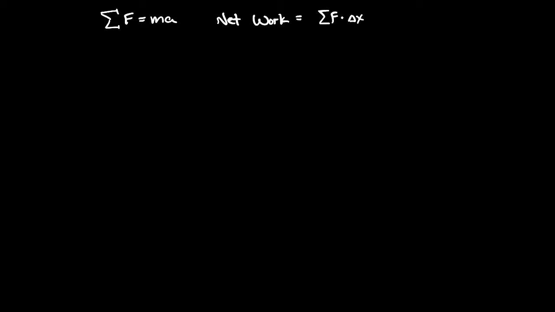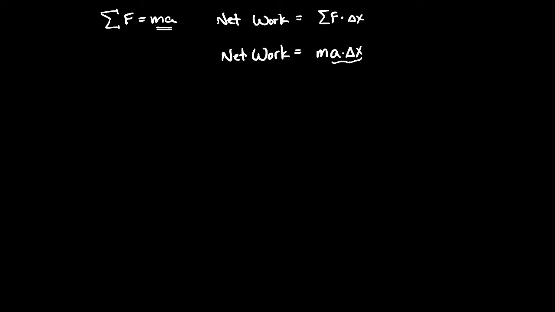Now, the first thing I want to suggest is that we can substitute MA in for net force and write the net work as MA times delta X. Part of the reason I bring this up is we've seen A delta X before in one of our motion equations.